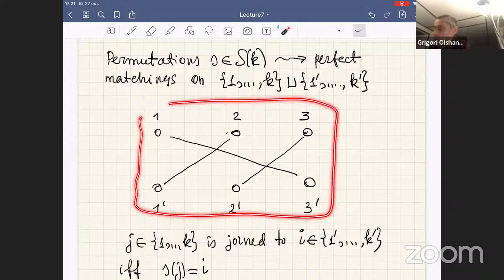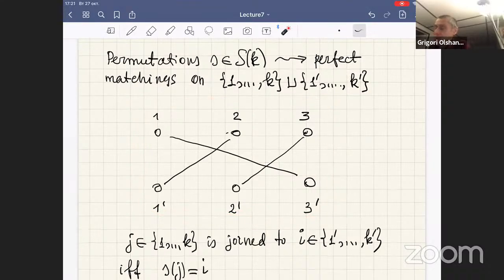So what we want to do is consider perfect matchings. What does perfect matching mean? A perfect matching on a set of even cardinality is just a partition of the set into disjoint pairs. So we put some elements in pairs, as shown here, but the condition is that we join one point from the top level to one of the bottom level.